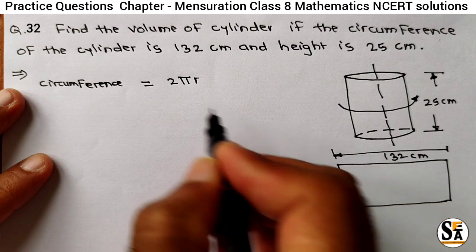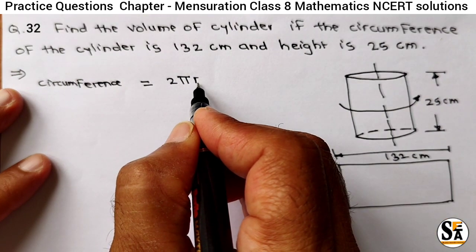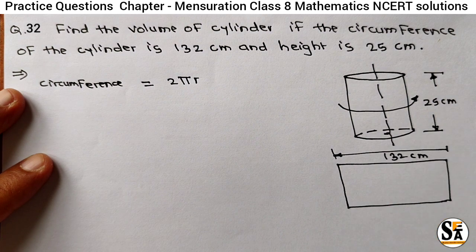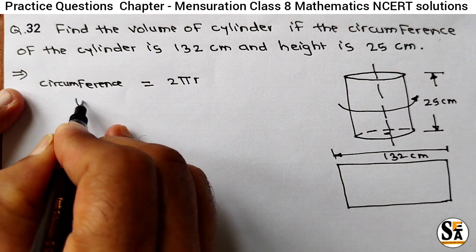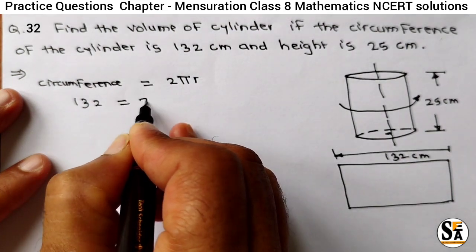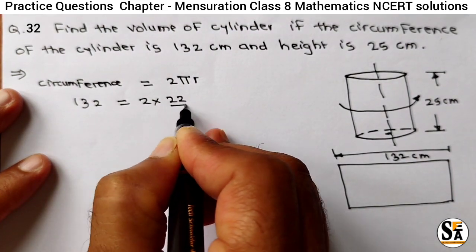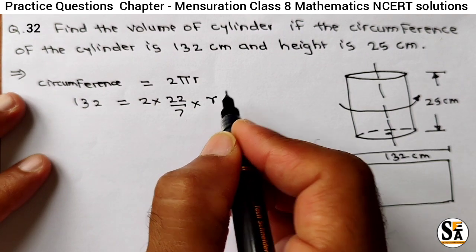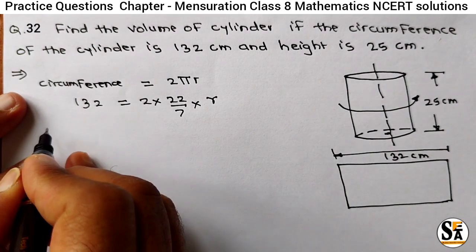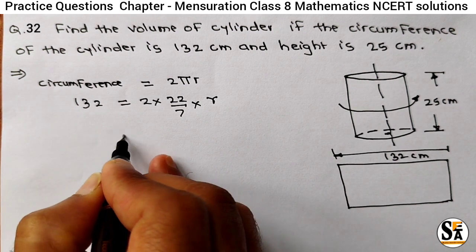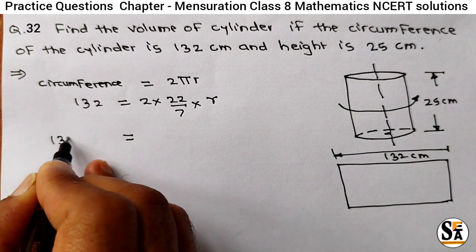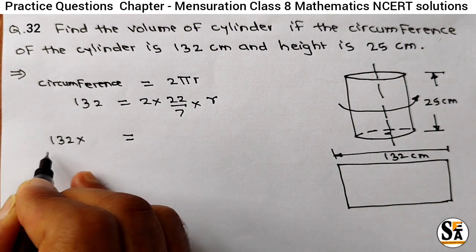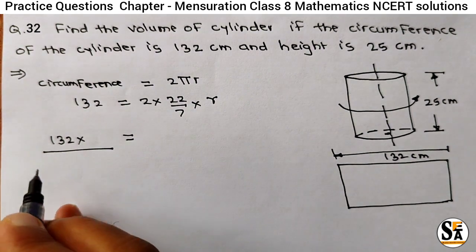Now with the help of this circumference we can calculate the value of r, that is the radius of the base of this cylinder. Circumference is given 132. Value of pi we know 22 upon 7 and radius we have to calculate, isn't it? Now just transfer these numbers here, we will get r. So r is equal to 132 as it is, then this 22 and 2 will be in division because these are in multiplication.